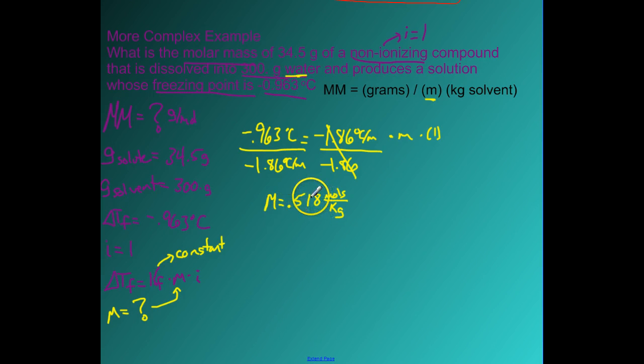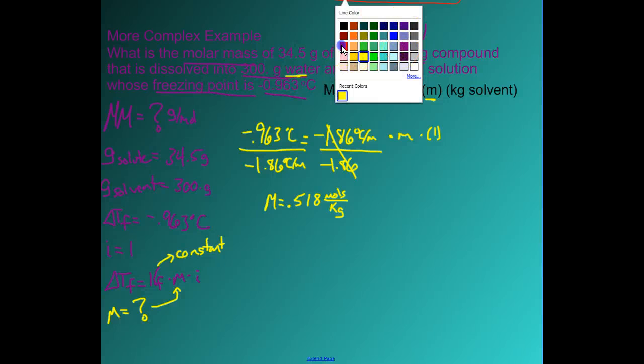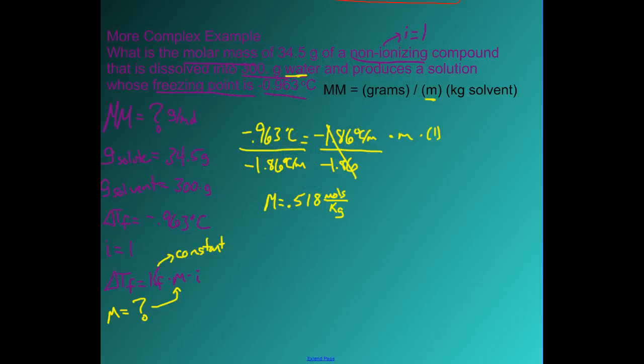I can now substitute this into my equation to solve for my final unknown. So let's go ahead and switch colors here so we have something a little different to look at, and we'll solve out our problem. The molar mass of my compound is going to equal the grams, which is given here at 34.5, divided by the molality, which is 0.518, little m, which again is moles per kilogram, times the kilograms of solvent.